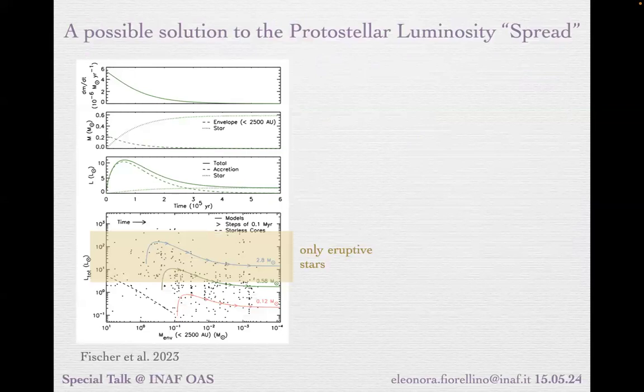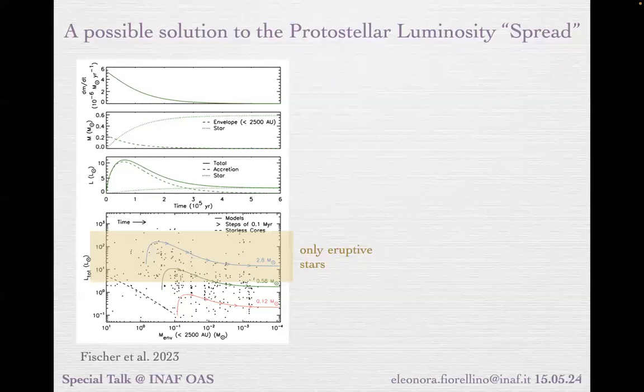However, the possibility that eruptive accretion could explain the mass build-up of young stellar objects was debated a lot. Historically, the problem of not having enough eruptive objects was known as the protostellar luminosity problem.